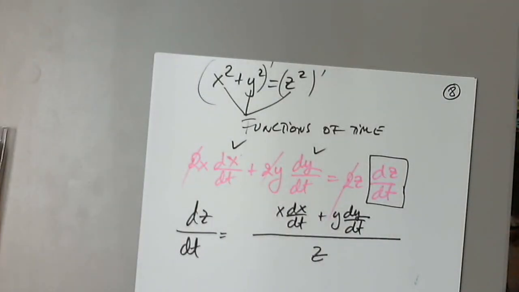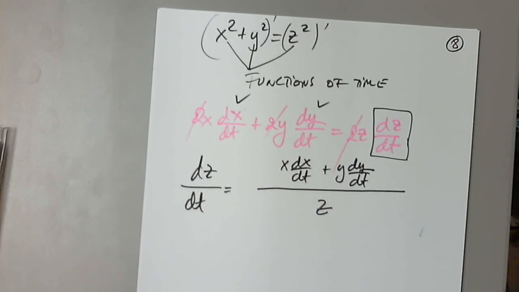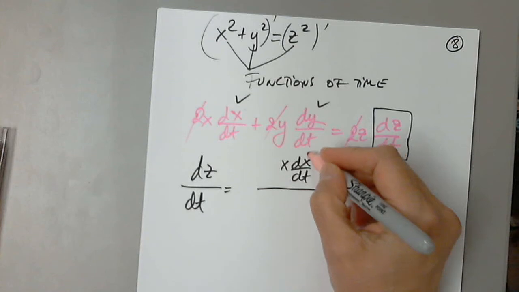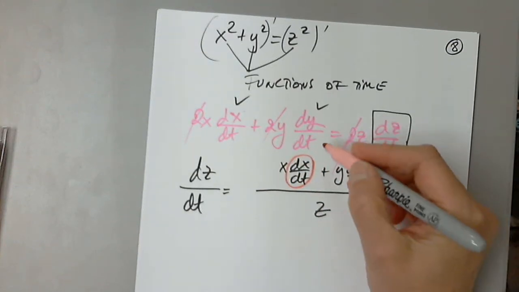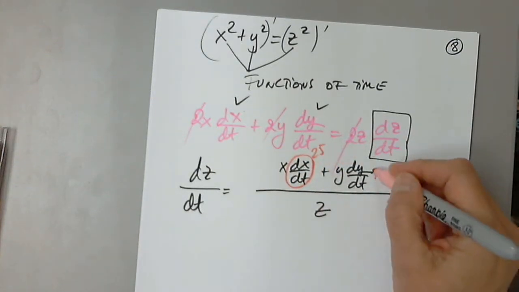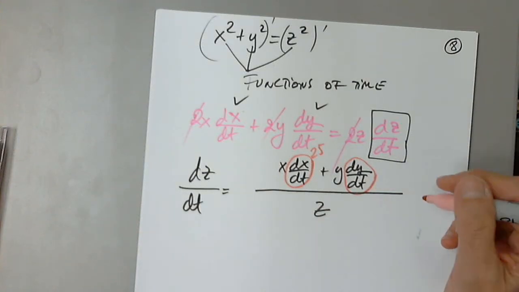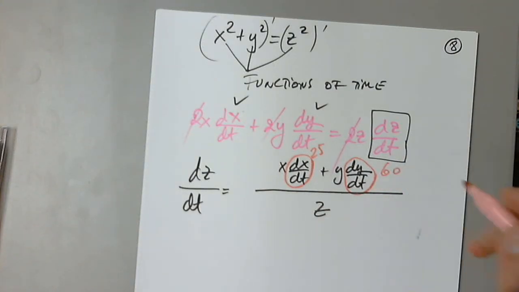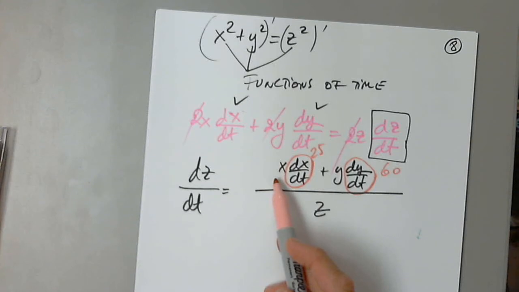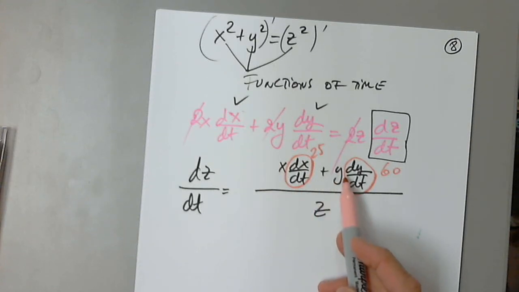We're not ready to plug in numbers yet. I do have this. Please tell me what it is. I do have this. Please tell me what it is. Awesome. But I don't have x, and I don't have y just yet.